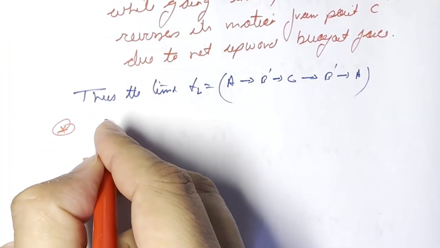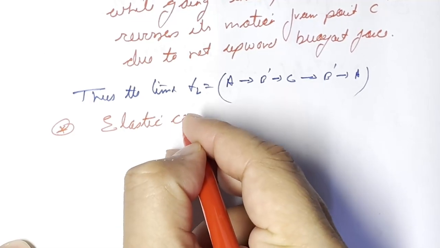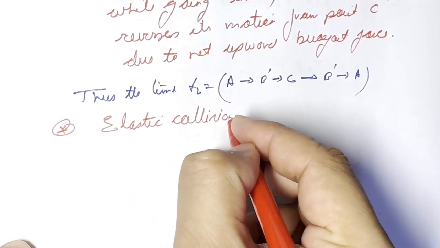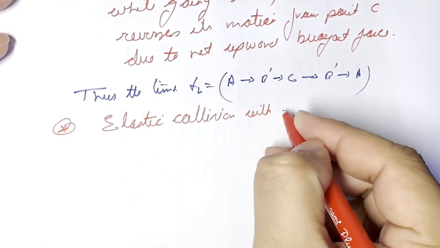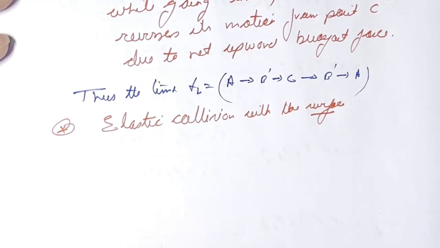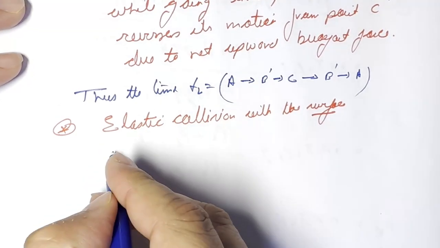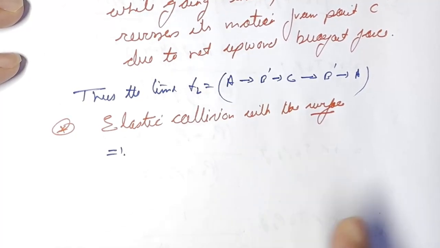So we can say it is an elastic collision with the surface. Now in case of elastic collision, the magnitude of the velocity is going to remain the same, only the direction will be reversed.